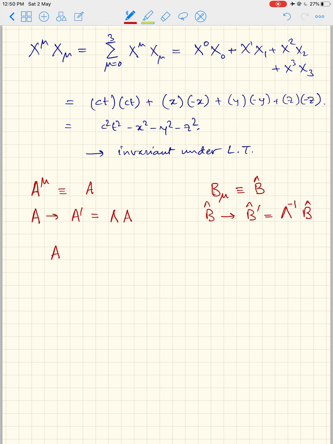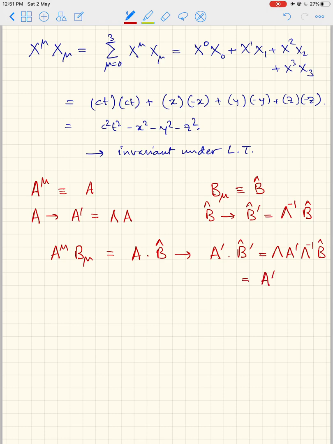So A mu upstairs at B mu downstairs is essentially equal to A dot B hat. When you transform this, it goes to A primed dot B hat primed. The first one goes as lambda A, and the second one goes as lambda inverse B hat. Sorry, too many primes. So the lambda and lambda inverse go off amongst themselves.